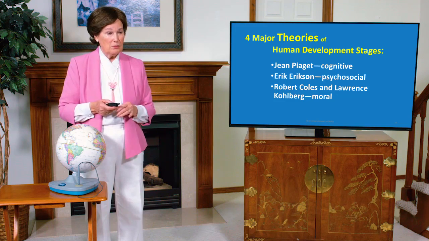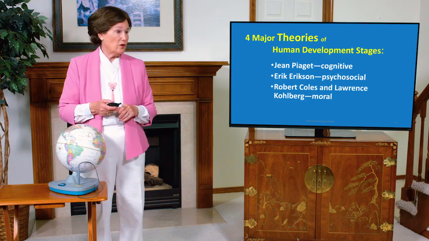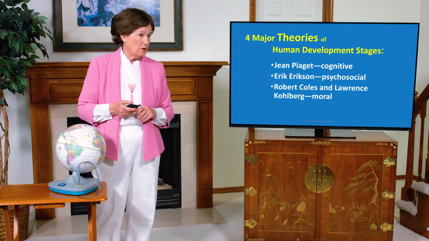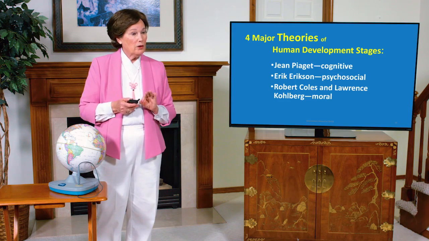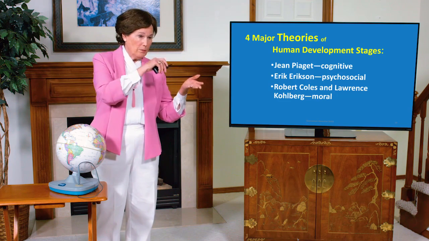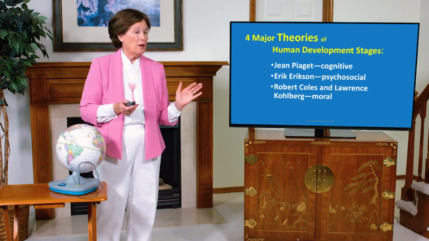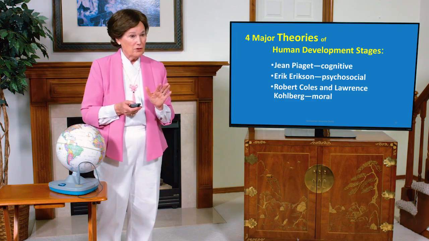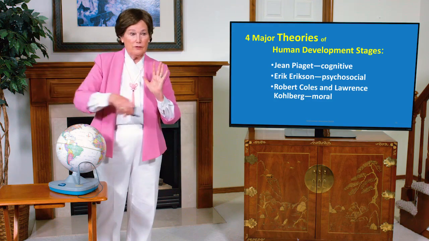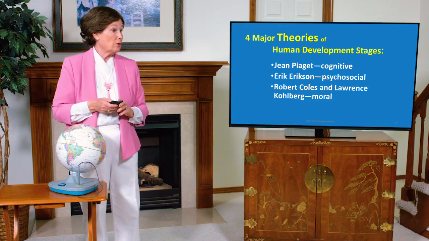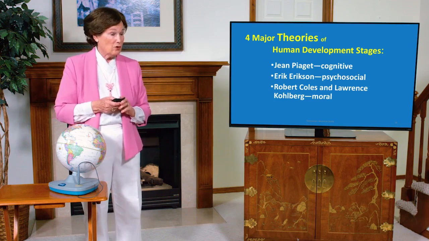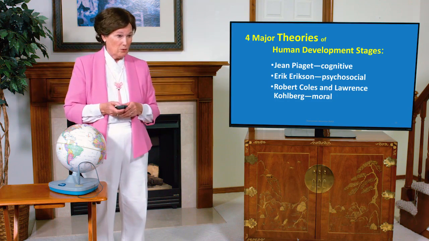Erik Erikson is the most well-known for what we call psychosocial development. Now, if you only went to a Bible school in some countries, you may have never heard of this stuff. But if you've gone to a university with a broader offering of courses, you probably have some acquaintance with this. So psychosocial means our social emotional well-being.